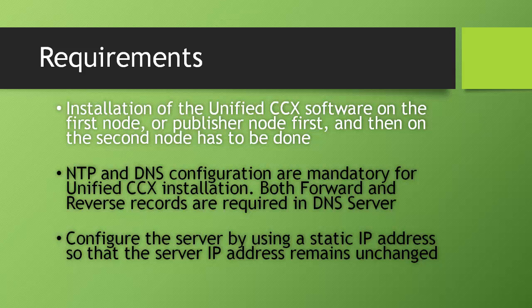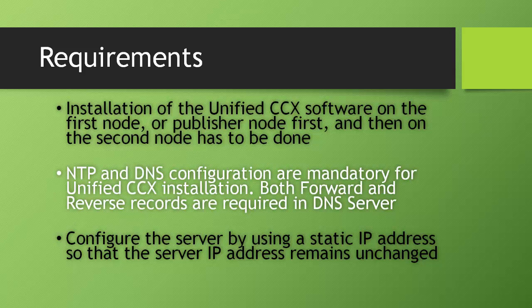NTP and DNS configuration are mandatory for unified CCX installation. That means for your NTP server, you can use an external NTP server, or any on-premise NTP server, and your DNS server should be reachable. Make sure you configure the host records.